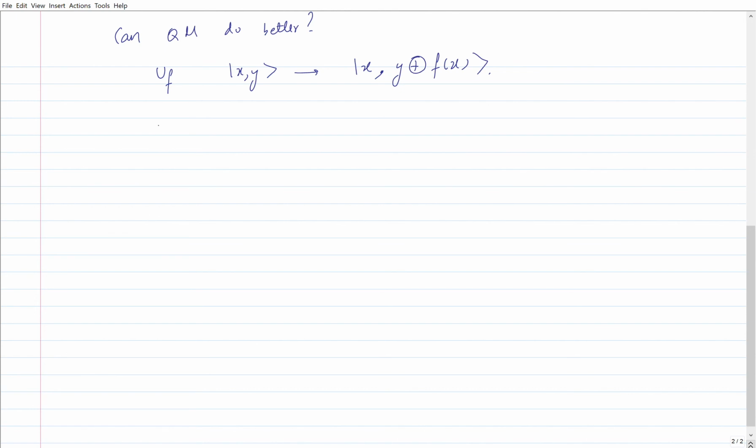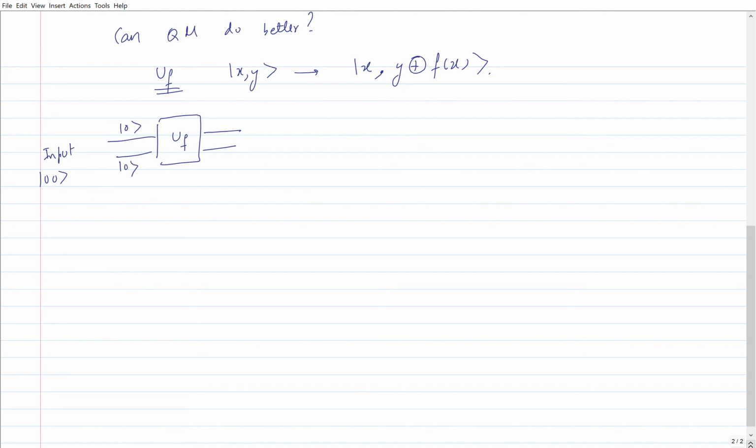So essentially, what's happening? In the circuit model, a quantum computer was nothing but some inputs, some outputs and a unitary operator. So this is my U_f over here. Let's say I have an input state 0,0, 0 on this wire, 0 on this wire.